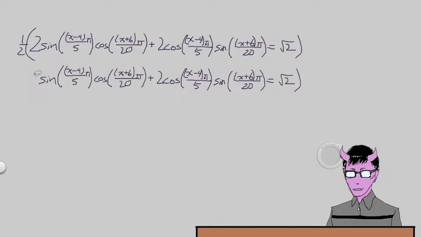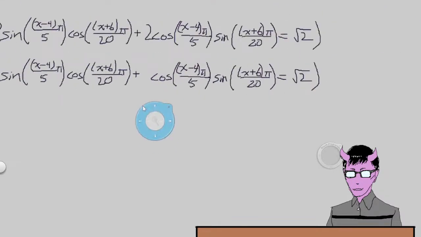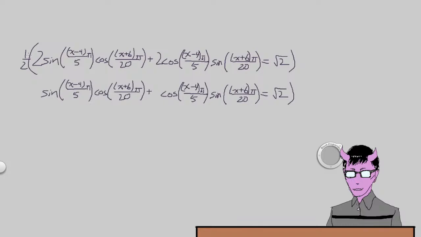So we're going to clear that one, and then of course the distribution to the second term will allow us to cancel out the coefficient as well. Okay, I kind of destroyed the c right there. Whoops. Now it's whole again. Perfect. And of course, distribute the 1/2 to the right hand side. Don't ever forget that. There it is.